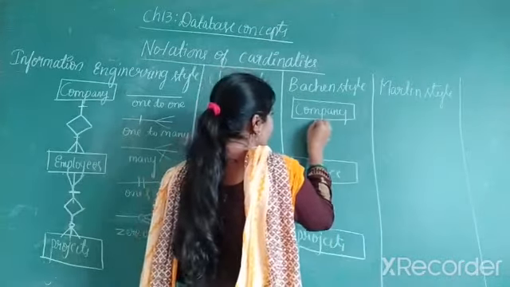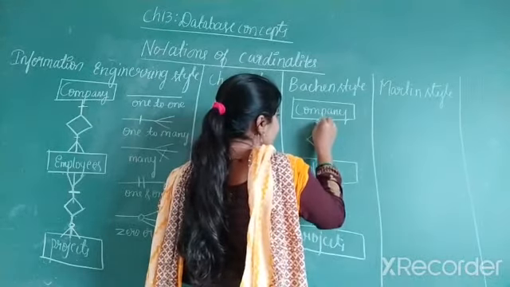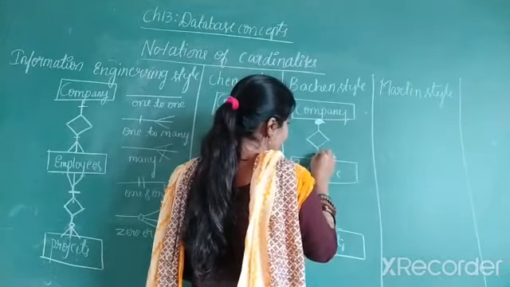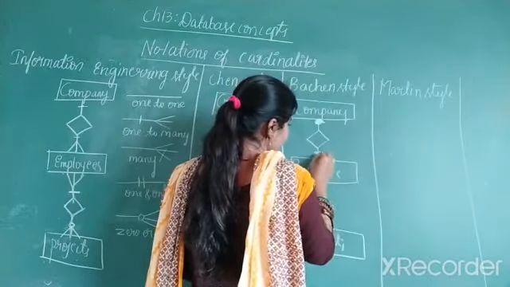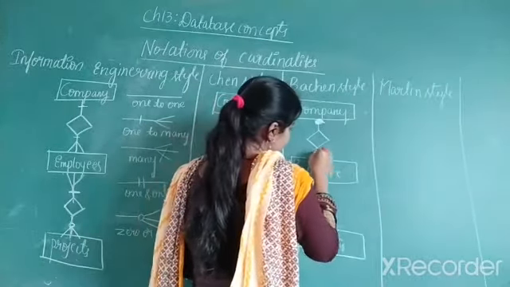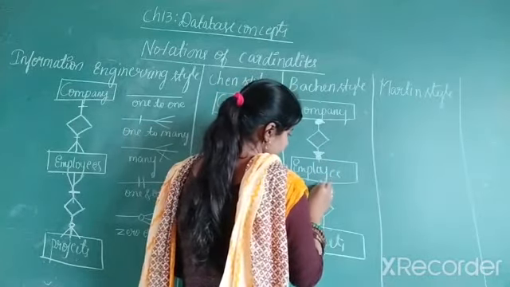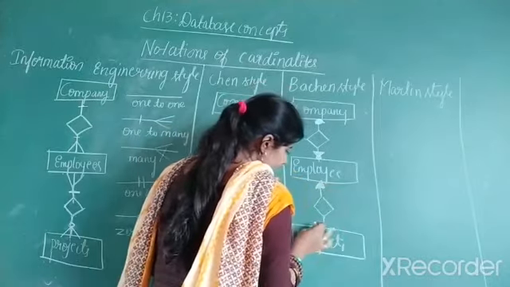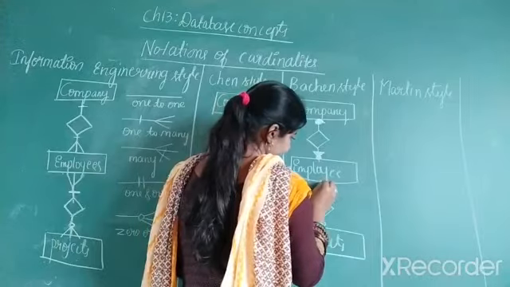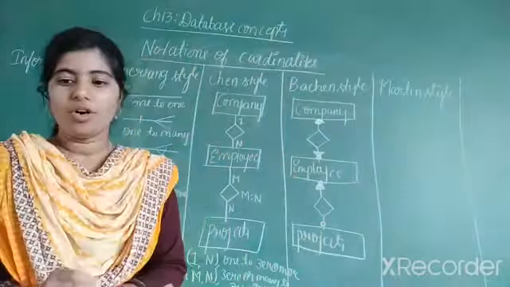Here one company is represented like this, filled circle, and there are one or more employees, represented like this, arrow below that one circle, and here also the many employees, and here the 0 or more projects.